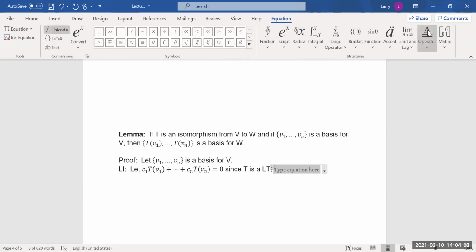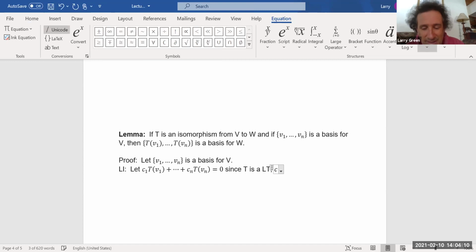So since it's a linear transformation, then T of C1 V1 plus ... plus Cn Vn equals 0.